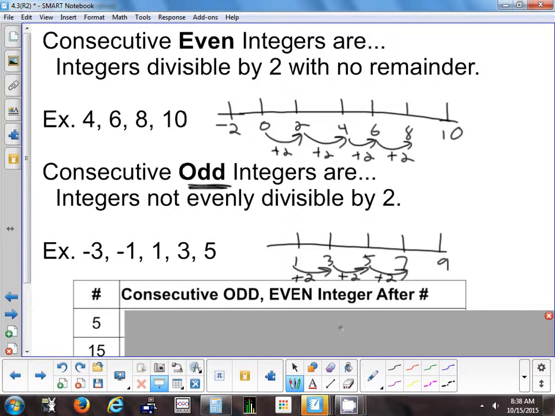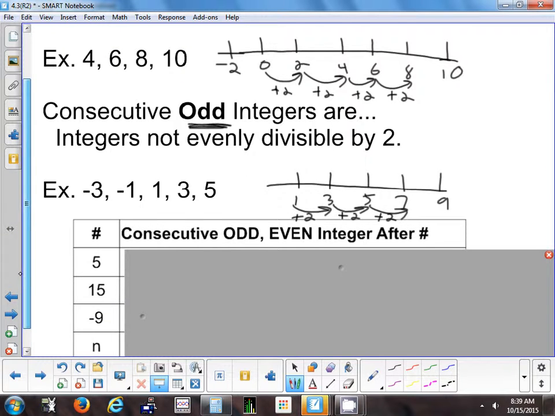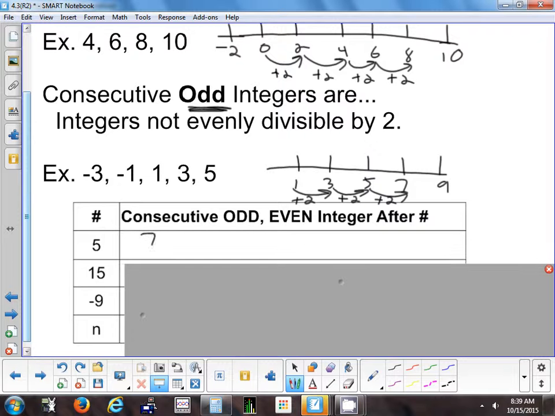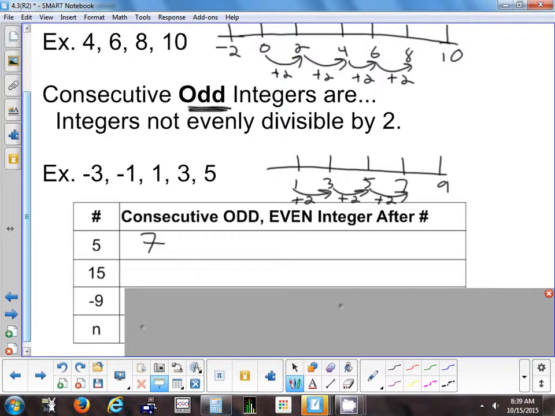All right, so some of these we already have up here, but let's try these. What would be the next consecutive odd number after 5? 7. Yep. What would be the next consecutive odd number after 15?